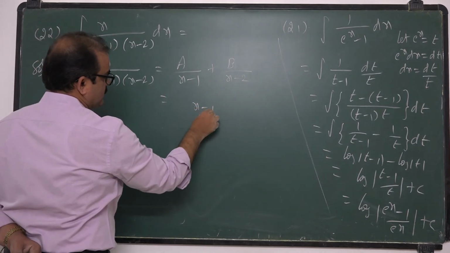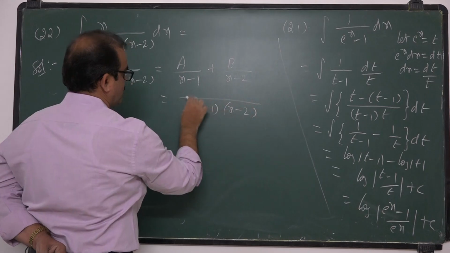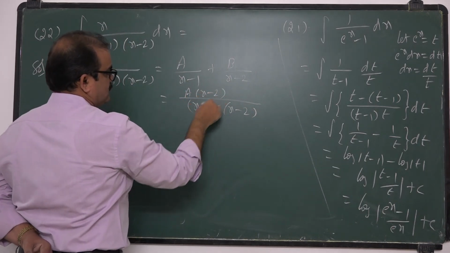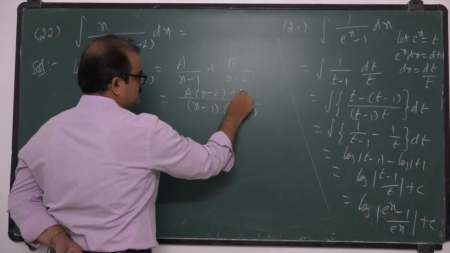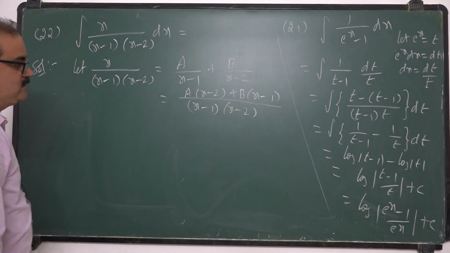What is the LCM of RHS? x minus 1 into x minus 2. In numerator, a into x minus 2 plus b into x minus 1.